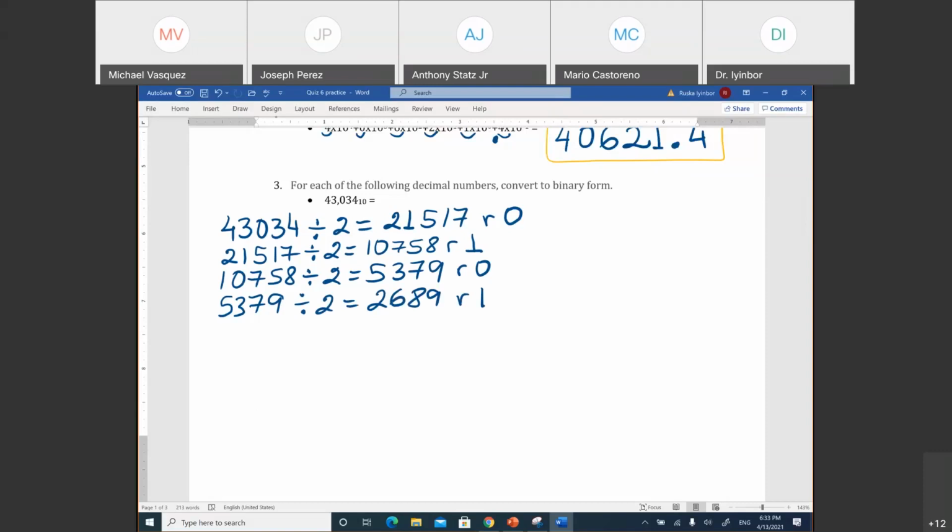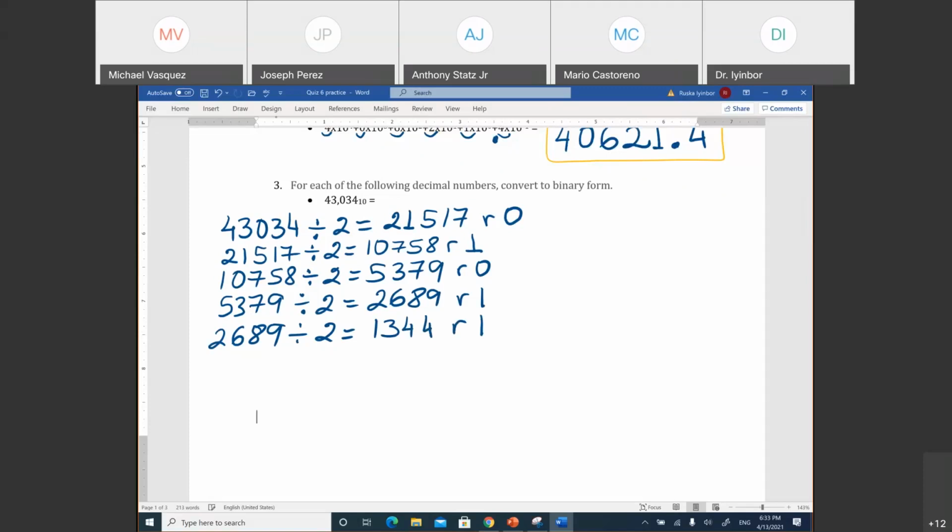Okay, that's good. Everybody understand that? 2,689, I'm going to divide it by 2 again. It's going to be 1,344 with remainder 1.